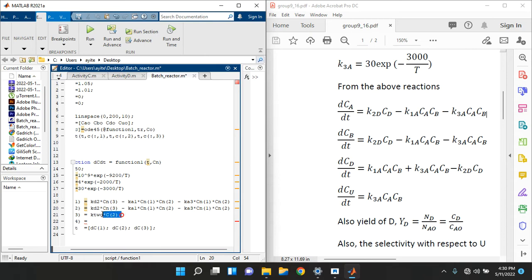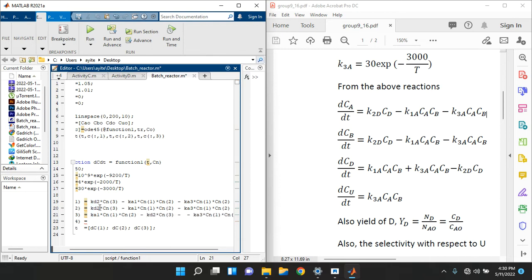The third one will also follow the same pattern, but with the third one, the K1A CACB comes first. So this is our K1A CACB. I'm just going to cut it and bring it in front.